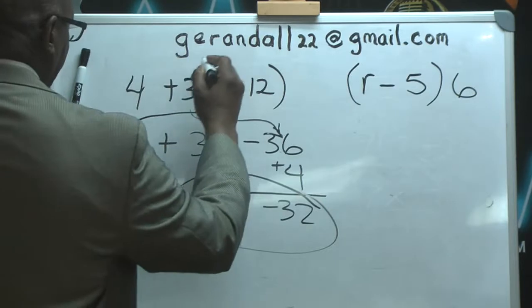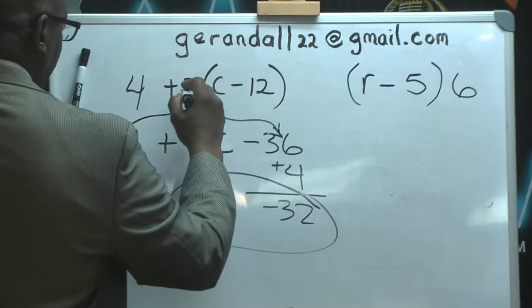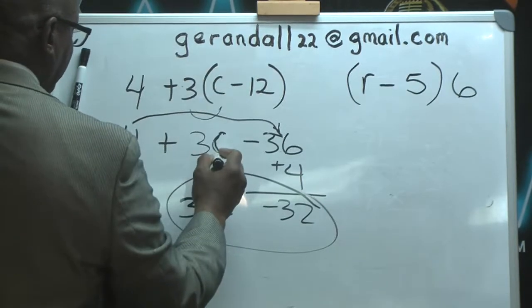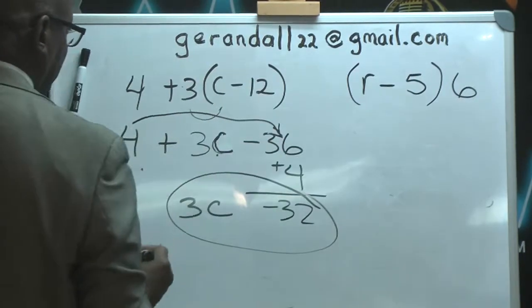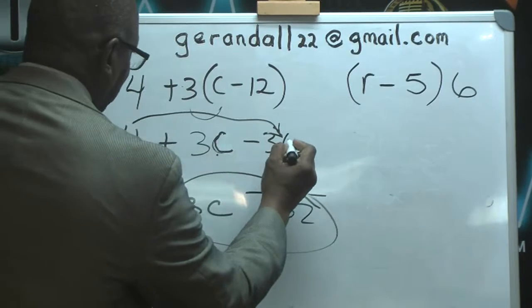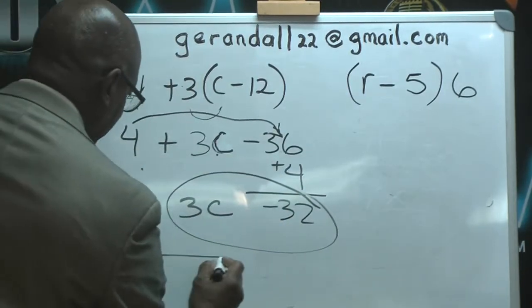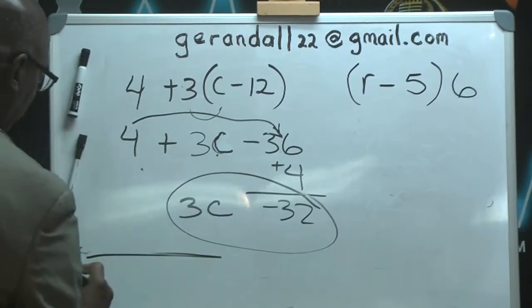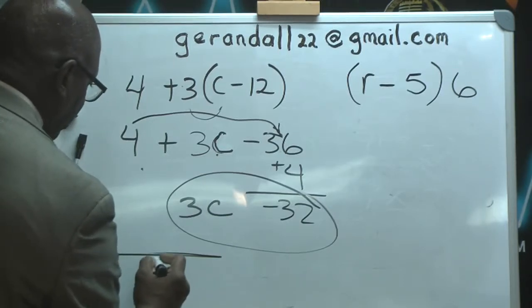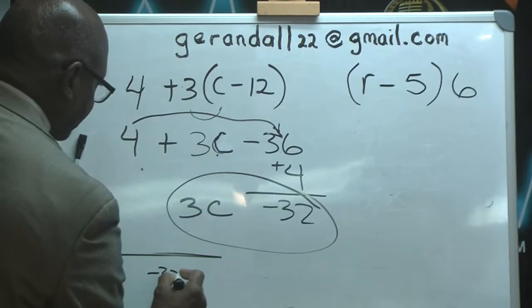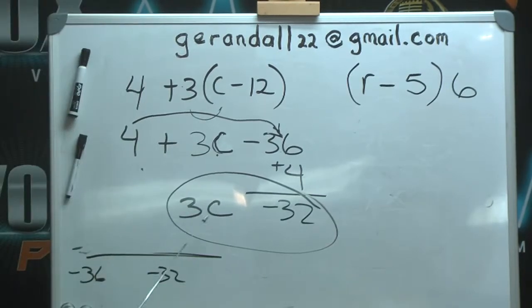We took care of the distributed situation where we multiplied 3 times C, got 3C, 3 times minus 12, minus 36. We combined like terms. I showed you on the number line where we started with the negative 36 and counted back 4 units to a negative 32. Final answer, 3C minus 32.